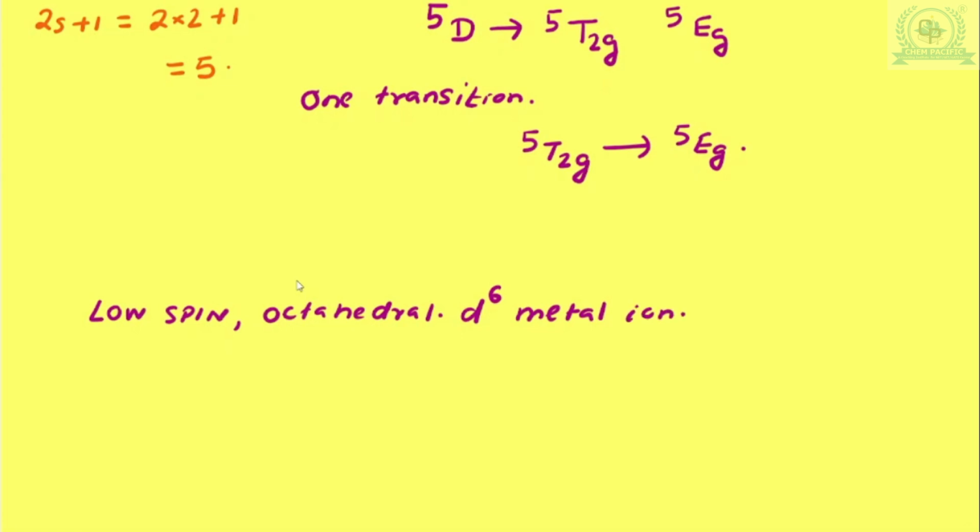So again I repeat, A means singly degenerate, E means doubly degenerate. When you have two degenerate orbitals with the same energy level, you denote it with E, and T means triply degenerate. That is why when the d orbitals split into t2g and eg, T means there are three levels of the same energy, and the upper excited ones have two levels of the same energy, so it is named E.